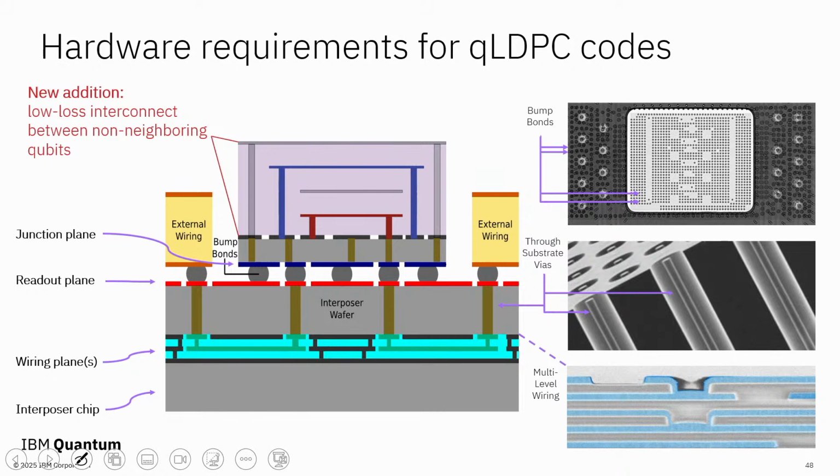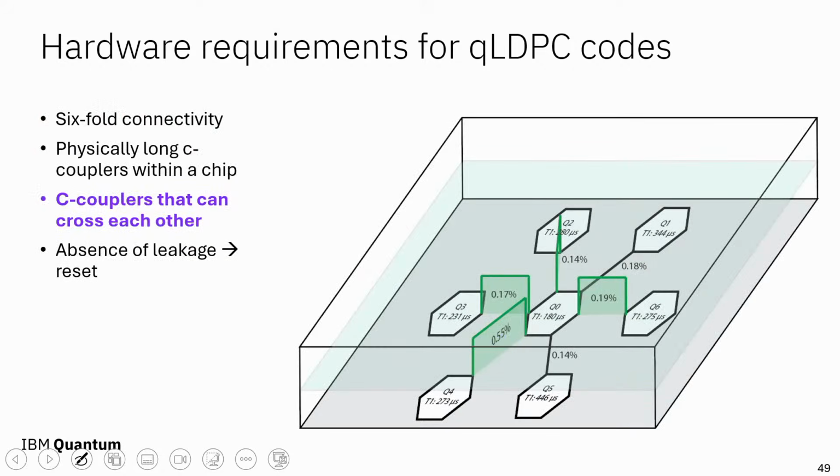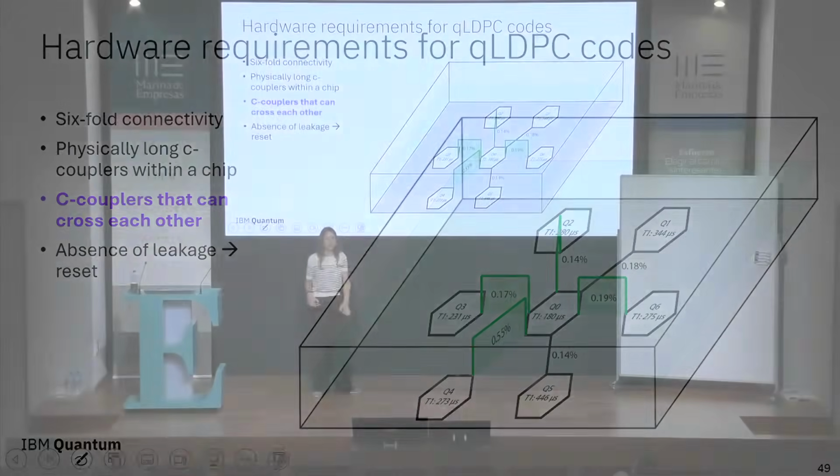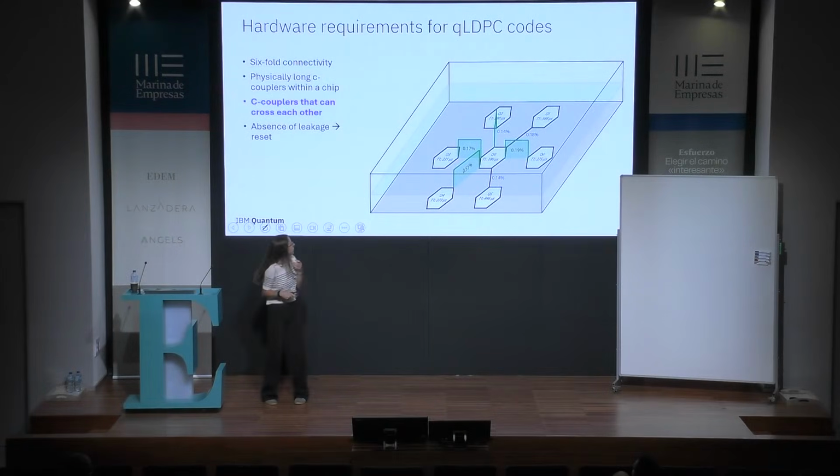In a chip such as this, one implements in the C coupler layers these 2 qubit gates that can cross each other. And now you see here in these percentages the infidelities of these gates that stay in the range of e to the minus 3. So this also has been shown to work. It's really couplers that go through these different layers up and down and cross each other. So this is really exciting that this is working.